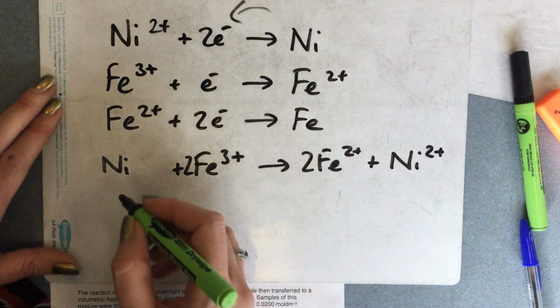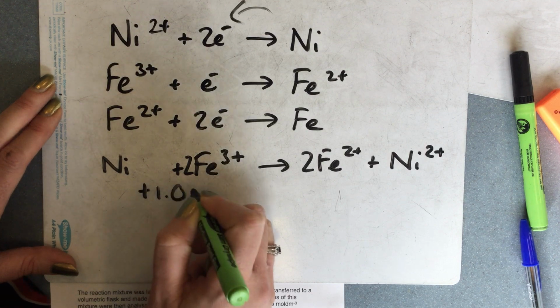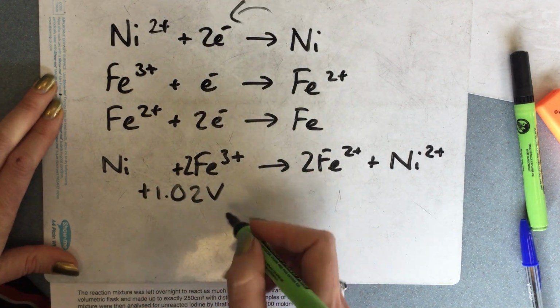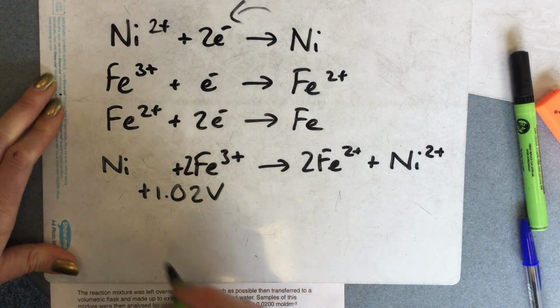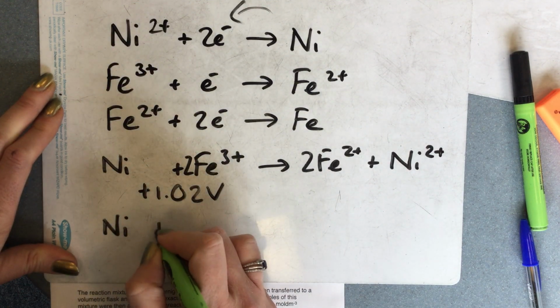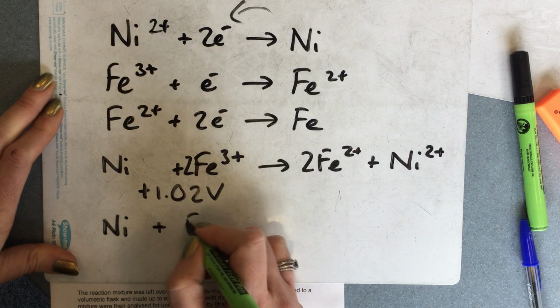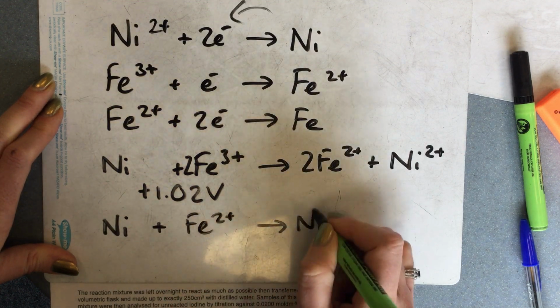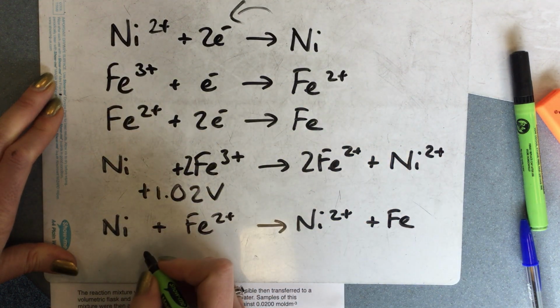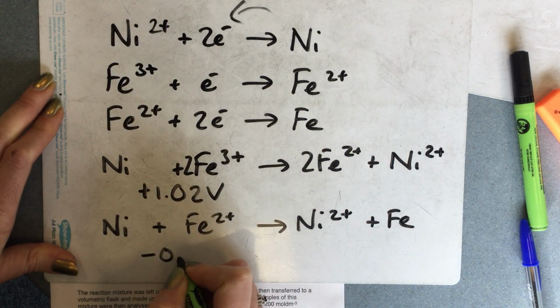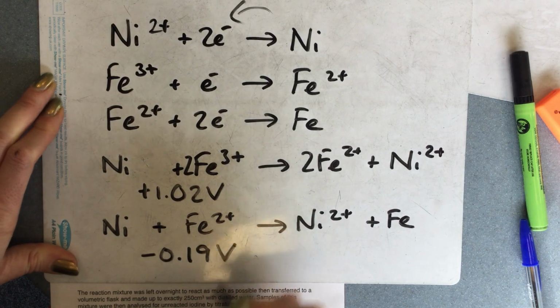The E cell value for that is plus 1.02 volts, so that's definitely spontaneous and it goes to completion. If I were to compare that with adding it to my iron 2+ and making Ni2+ and Fe, that cell potential actually works out as minus 0.19 volts.